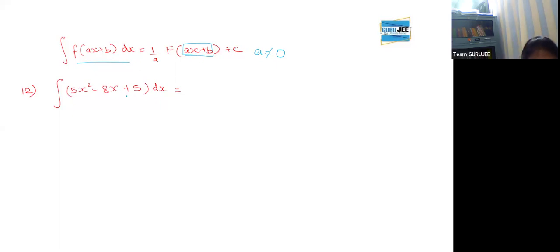So here, what can we do? 5x square minus 8x plus 5 into dx.